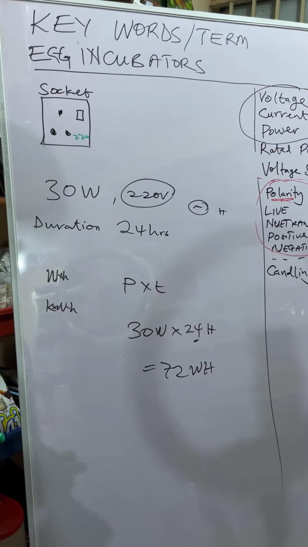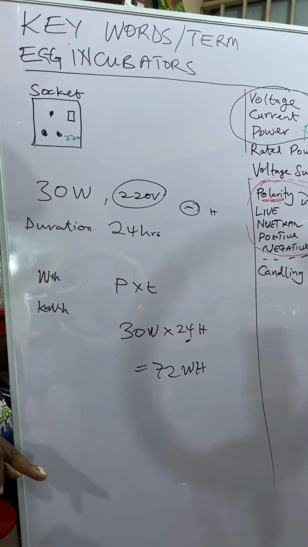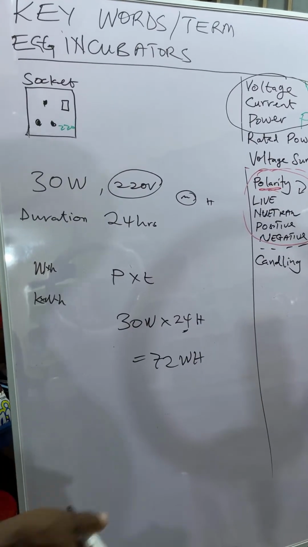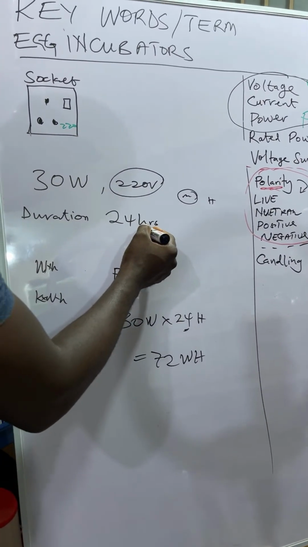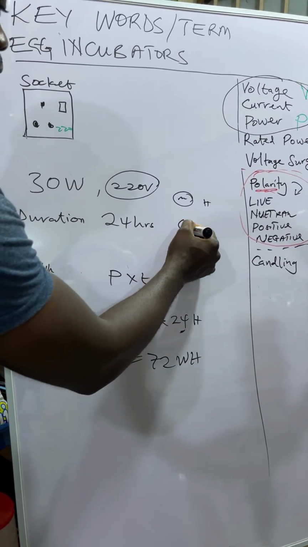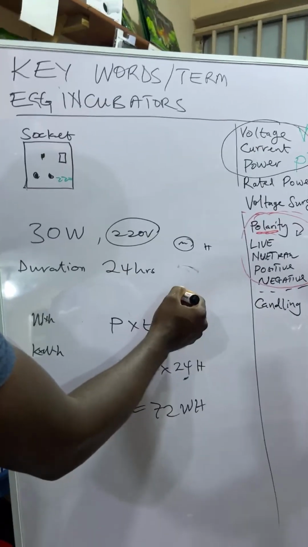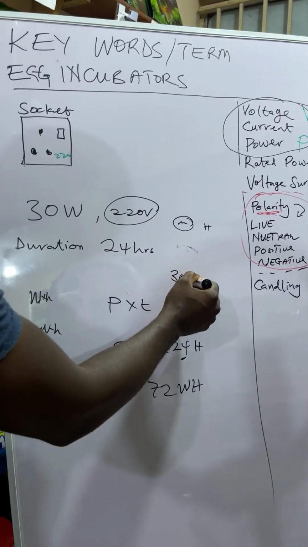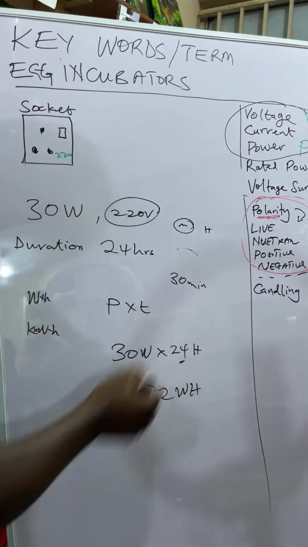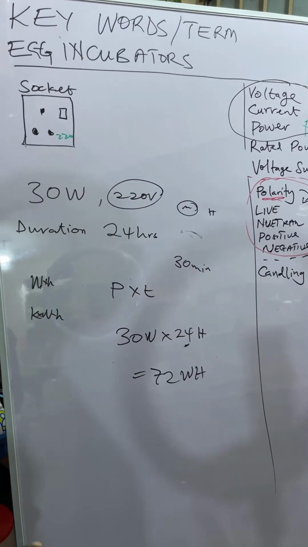Is it per hour? No, 720 watt hour. You express it as watt hour. So assuming he wanted it for 30 minutes, 30 minutes in hours is what?